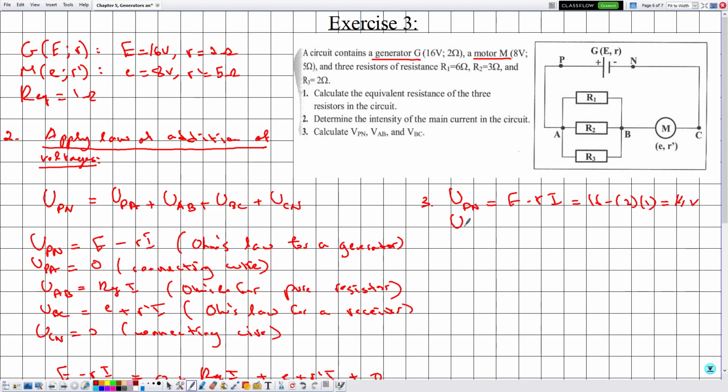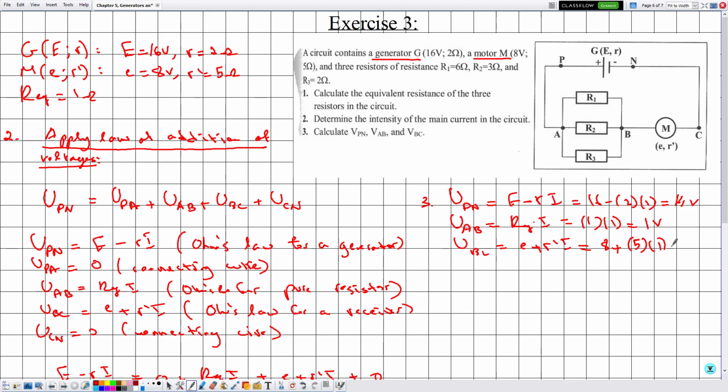Now as for the voltage UAB, this is given by R equivalent multiplied by I. R equivalent is 1 and I is 1, so this is equal to 1 volt. As for the voltage UBC, this is given by E plus R prime I. The value of small e is 8 and the internal resistance is 5.